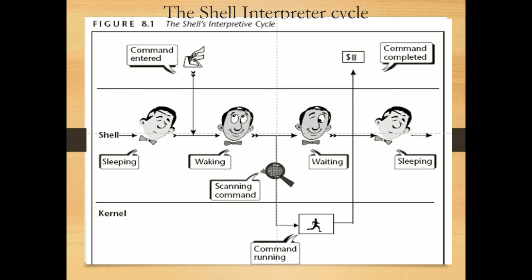The shell makes sure the abbreviations are expanded before the command acts upon them. Then it creates a simplified command line and passes it on to the kernel for execution.